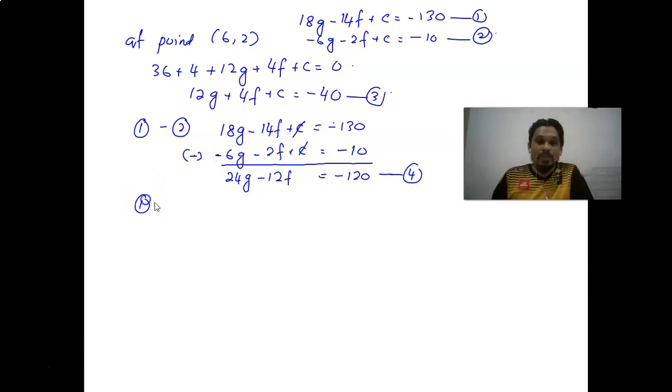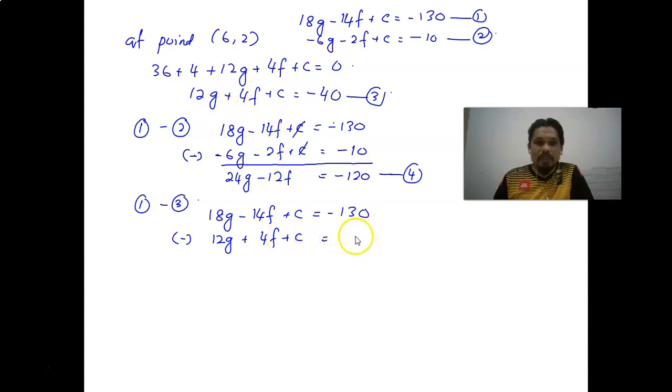And equation 1 minus equation 3, because I'm focusing on eliminating c here. 18g minus 14f plus c equals negative 130, minus equation 3, 12g plus 4f plus c equals negative 40.